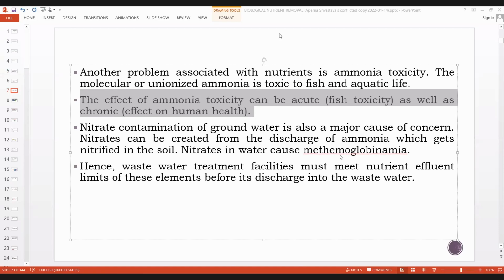It is one of the diseases. Hence, a wastewater treatment facility must meet nutrient effluent limits so that it does not create problems with reference to chronic, acute, eutrophication, toxicity, whatever we already discussed, and that's why their removal is compulsory.